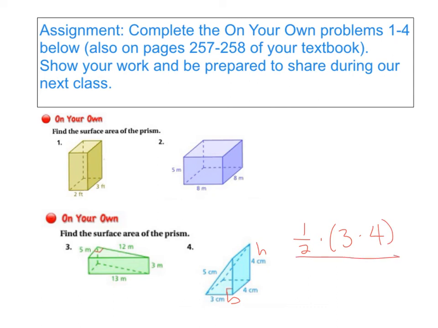And so I'm helping you out on number 4, and I'll also help you out on number 3. The height of that triangle goes from the corner where the right triangle corner marker is, and so that's 5 is the height, and the base is 12. So that's this side right here.